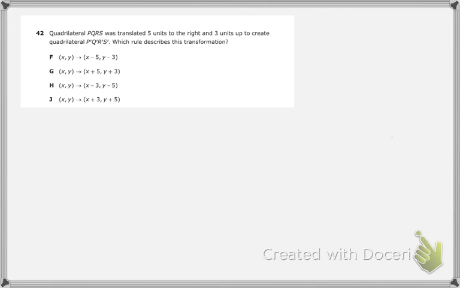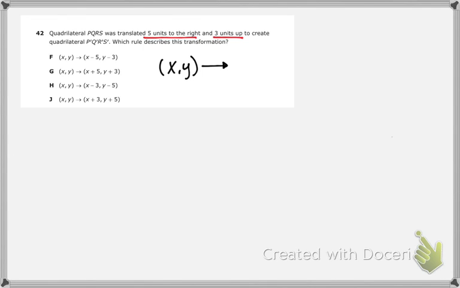For 42, we have quadrilateral PQRS is translated 5 units to the right and 3 units up to create quadrilateral P prime, Q prime, R prime, and S prime. Which will describe this transformation? So we always start with x, y, the ordered pair.